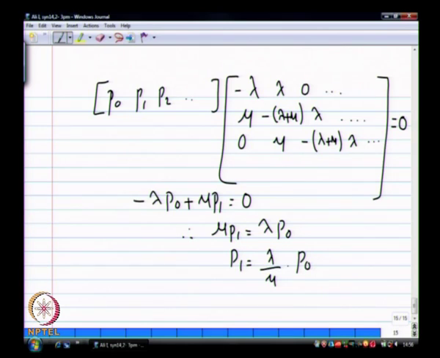Now of course I have to do some definitions which I skipped in the beginning. We will let rho equal lambda by mu, and rho is less than 1. Your arrival rate should always be less than the service rate, otherwise what will happen to this system? If lambda is larger than mu, then in the long term you will never come back to steady state.